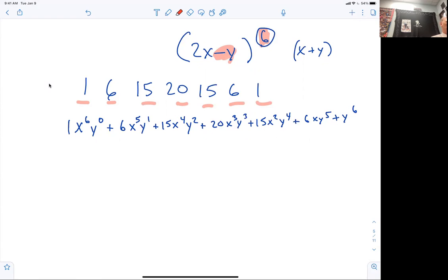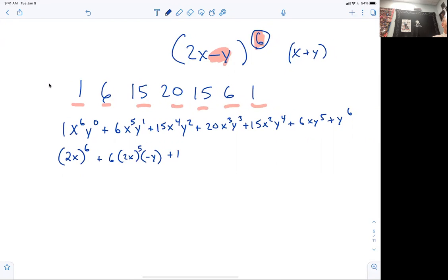All right. So now, again, if we replace the x with 2x, it literally is just (2x) to the 6th plus 6 times (2x) to the 5th, and this would be negative y, plus 15 (2x) to the 4th, (negative y) squared, plus 20 times (2x) cubed, (negative y) cubed, plus 15 (2x) squared, (negative y) to the 4th.